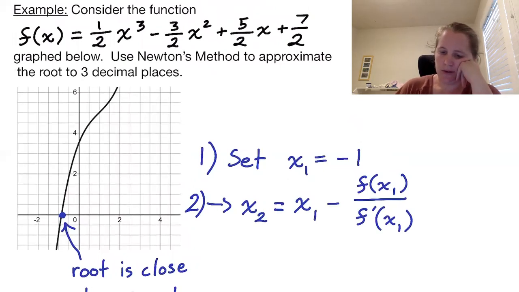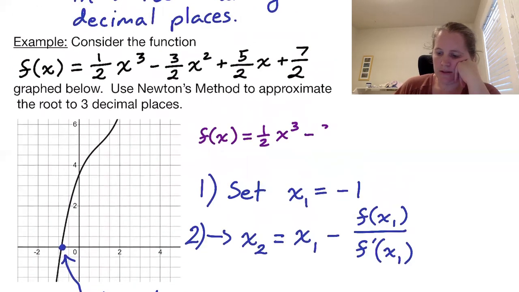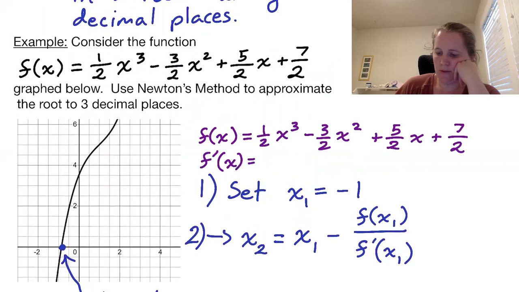So just for our own safekeeping, we have f of x was 1/2 x cubed minus 3/2 x squared plus 5/2 x plus 7/2. And f prime of x would therefore be 3/2 x squared minus 3x plus 5/2.